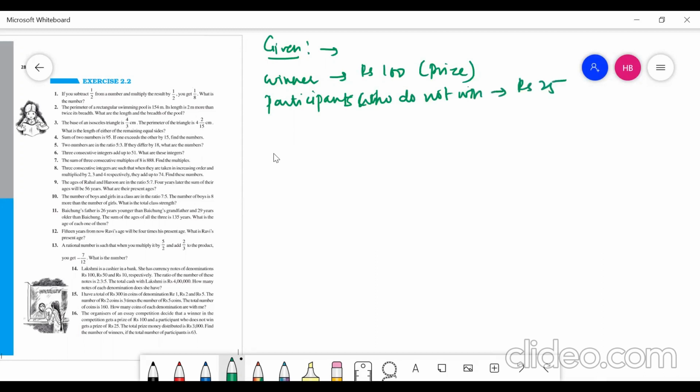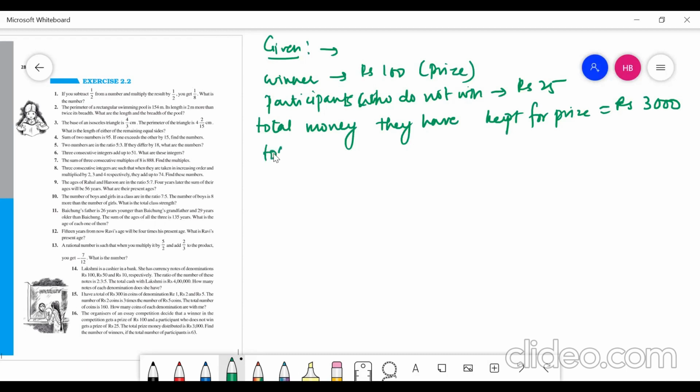The total money they have kept for prizes is rupees 3000, and the total number of participants is 63. That's the information already given to us.